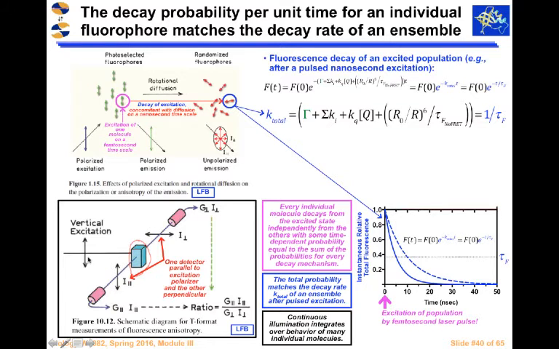And so as we do that, there'll be a certain probability per unit time for an absorption to occur. And then as each molecule absorbs light, it will undergo internal conversion and solvent relaxation. And then that individual molecule will have a certain probability of decay per unit time.